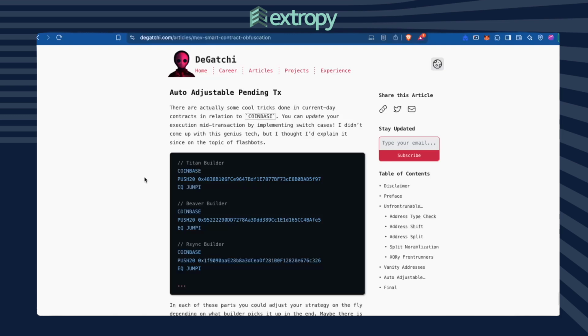So if there's some bot that is looking at that contract and saying, okay, I can see that I know there's an address being used here, so what I'm going to do is put my address in that transaction instead, or it could be in the contract instead.